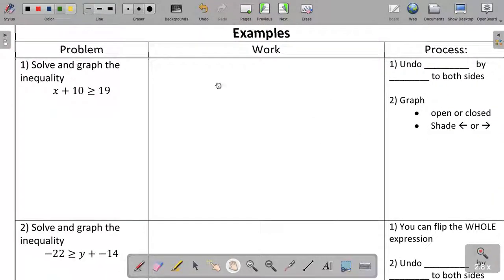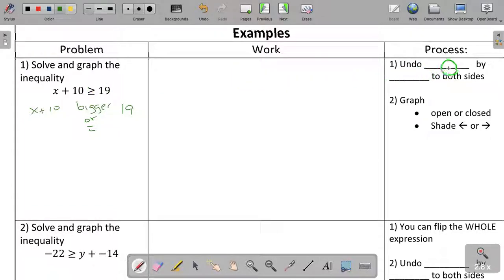So we want to try and solve this problem. x plus 10 greater than or equal to 19. Just like with the equal sign, we can solve these just like it's equal.